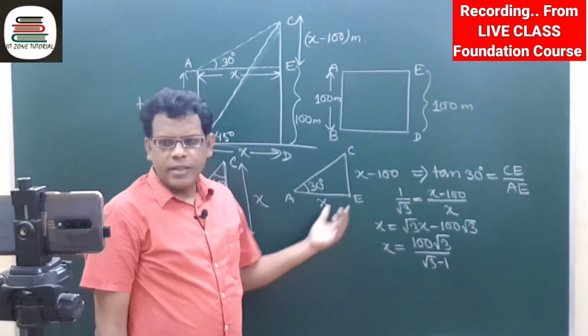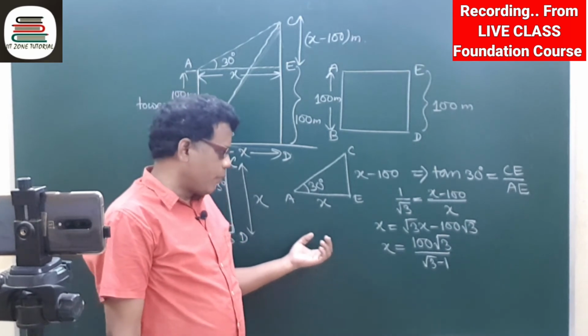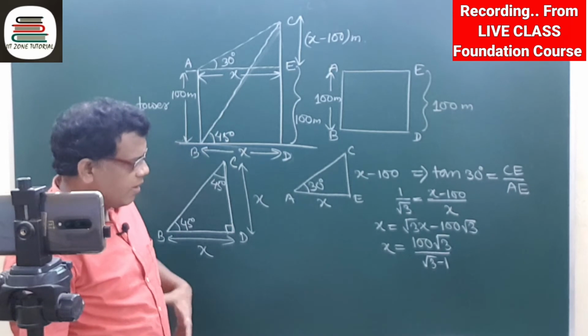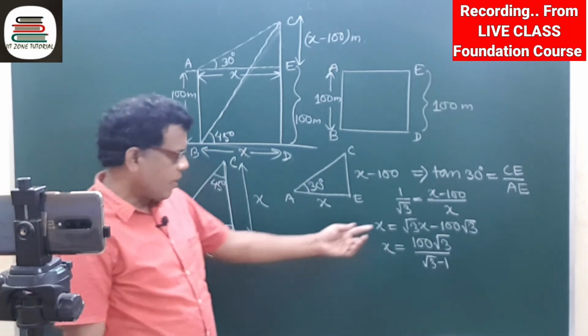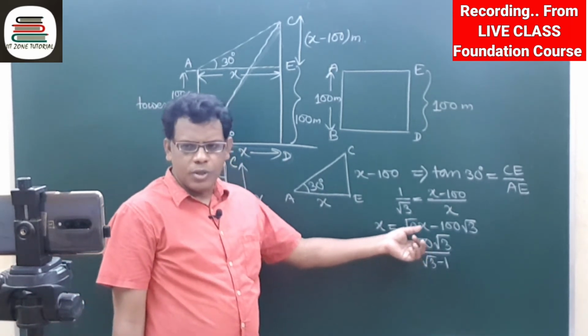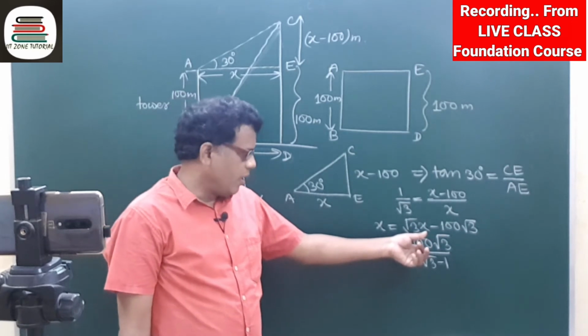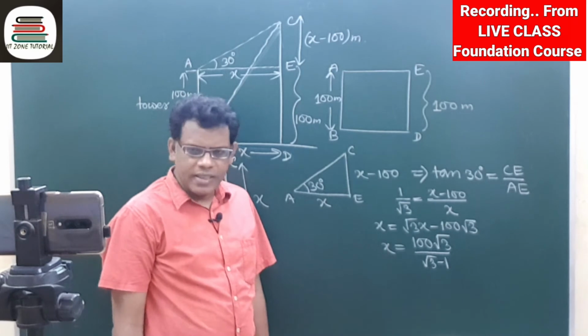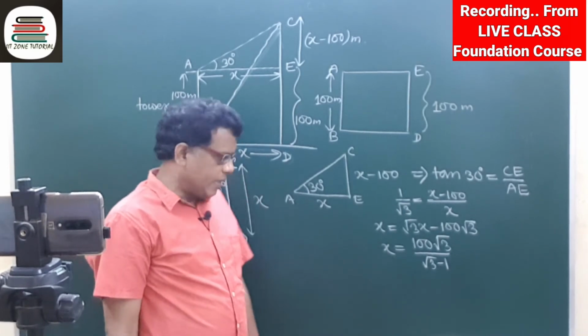You can take 100 root 3 to LHS to make it positive, and this X taken to the RHS, it will be minus. Okay, I have jumped one step, and then taking X common I will get root 3 minus 1 as the factor of X, and on the other side it will be 100 root 3. So I can simplify it like this. Is that clear?